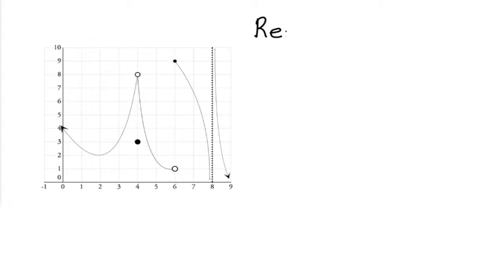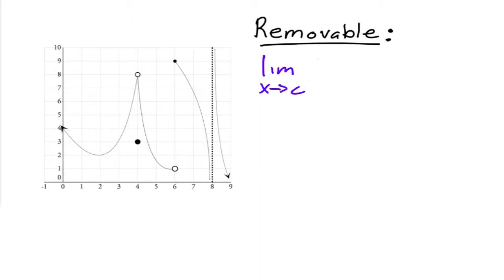We have what's called a removable discontinuity. And a removable discontinuity is when the limit as x approaches c of your function exists.